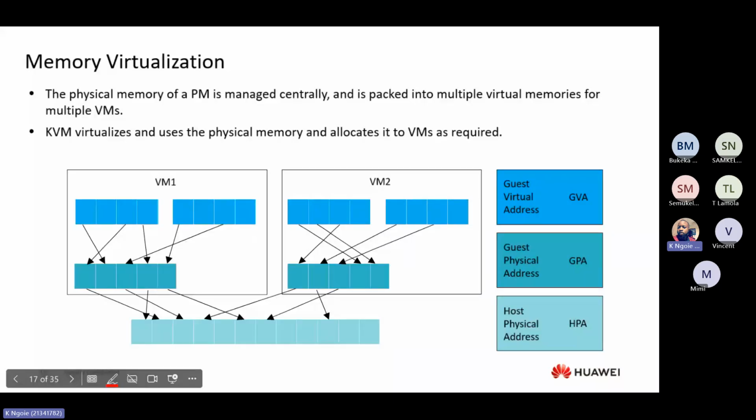That means that the physical memory, which is the RAM of the physical machine, so when we talk about PM here, this is the physical machine. Remember, the physical machine can be the server that is being used by all these virtual machines. So the physical memory, which is the RAM of this physical machine, will be managed centrally by the KVM hypervisor.